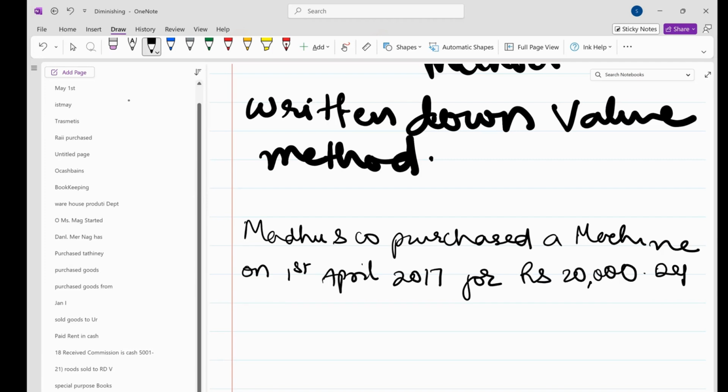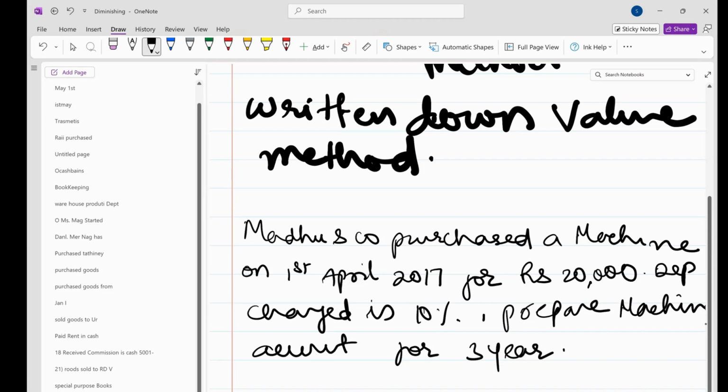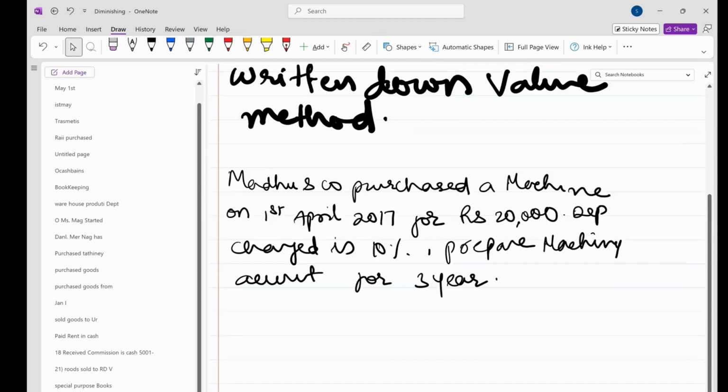And depreciation charge is 10%. Prepare the machinery account for 3 years. Okay, now this is the sum. This is a simple sum. We'll see it now.